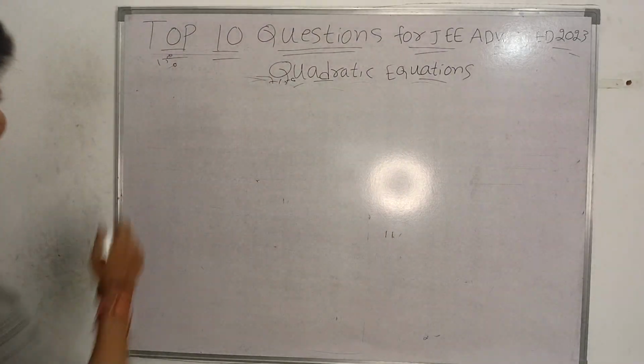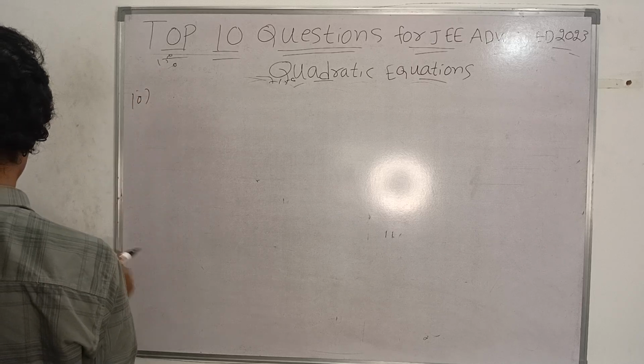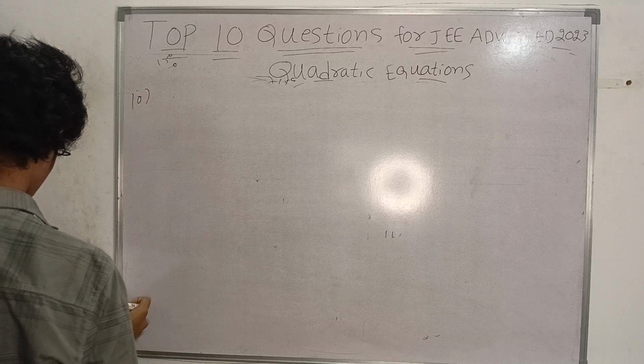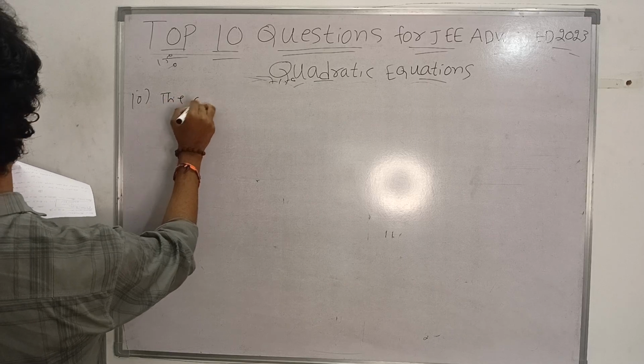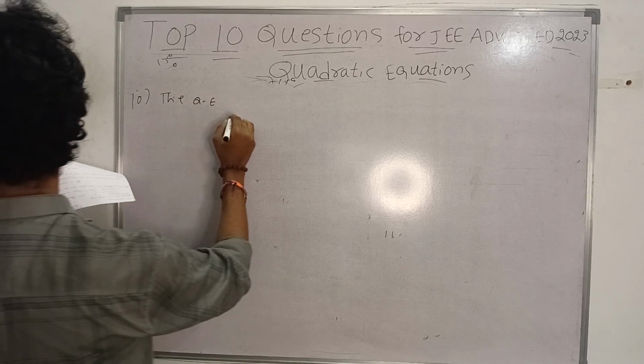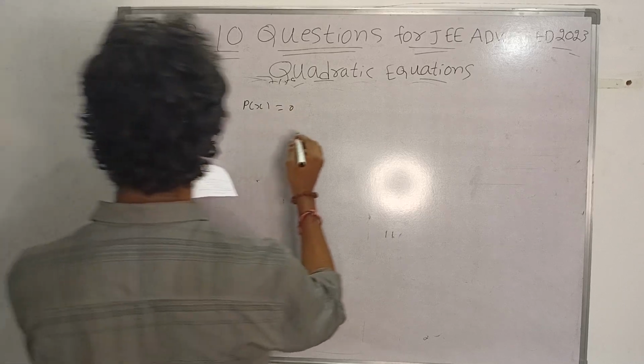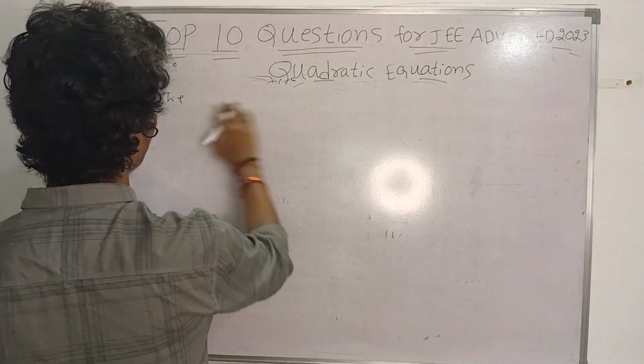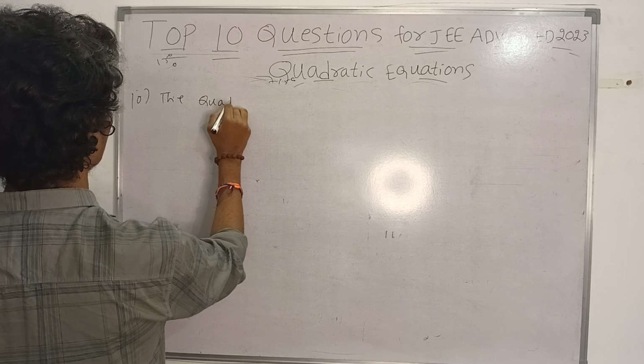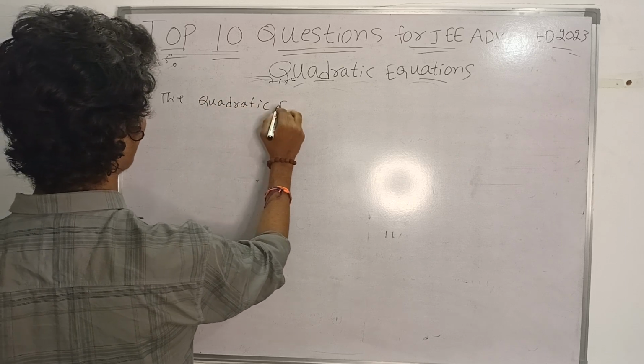And now, last question. Last question, it is the quadratic equation P of x equal to 0. Wait, I will write completely, otherwise you will be confused.